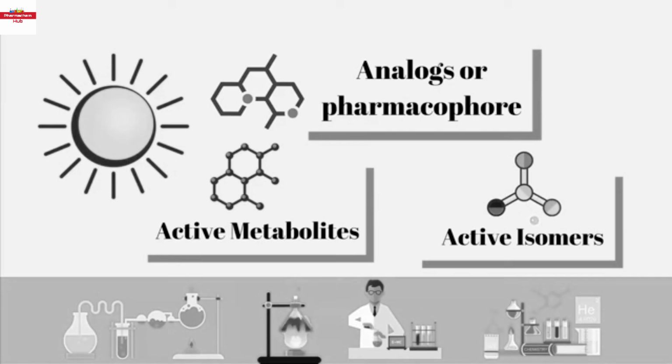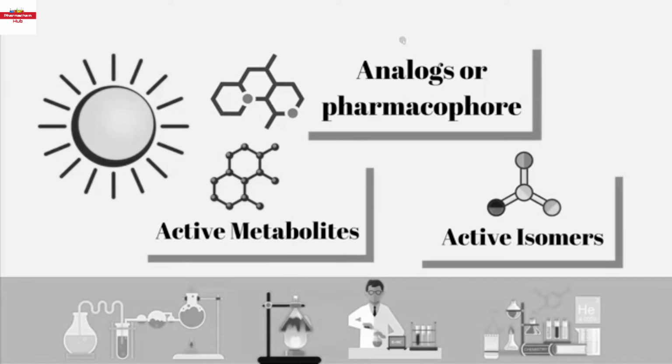And the third tip is that there are some active isomers, like specific enantiomers, or one specific type of isomer that is known to have more activity, so that will work as one specific drug.